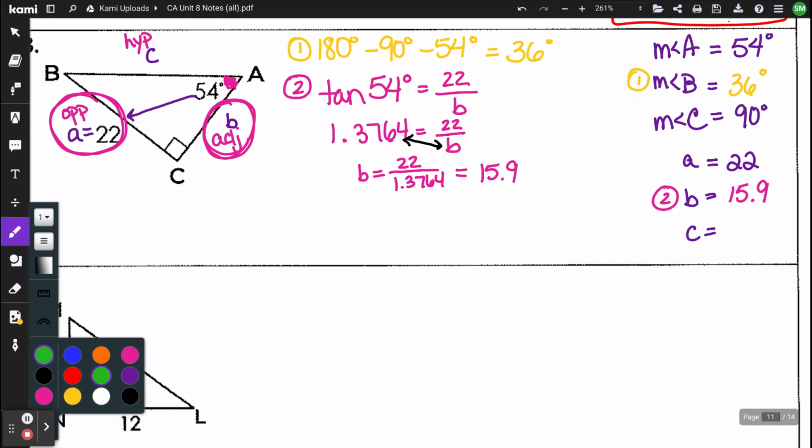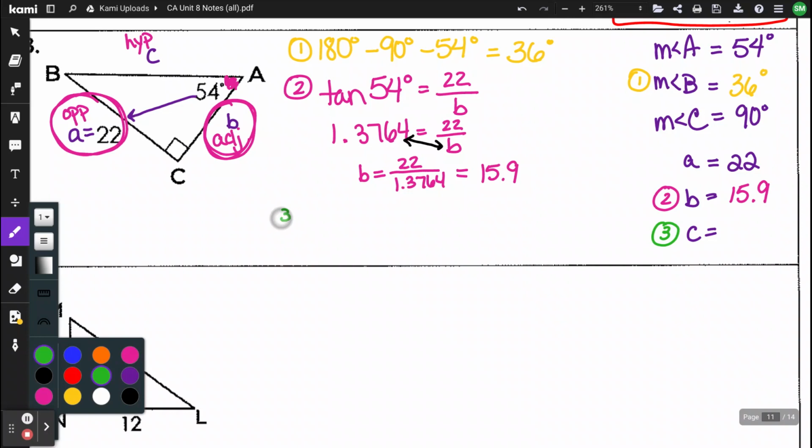Then last but not least, let's find side C. Now, since we have A and we have B, Pythagorean theorem is an option.